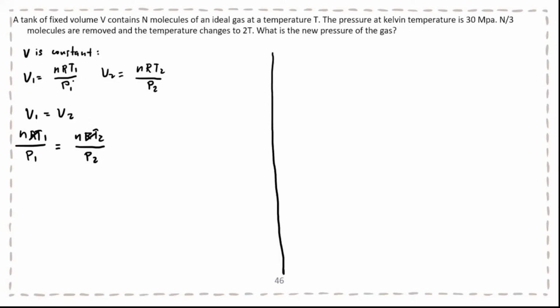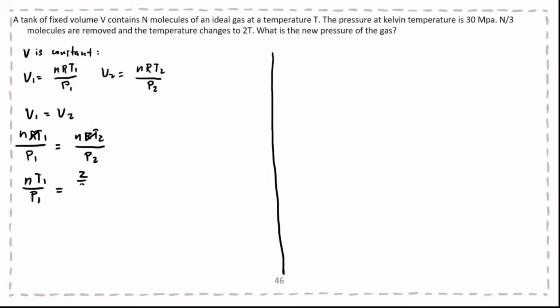Sa tank natin, meron siyang originally N number of molecules. So, N T over P1 lang siya. So, sa state 2, tinanggalan siya ng 1/3 ng N. So, ilan na lang ang natira?